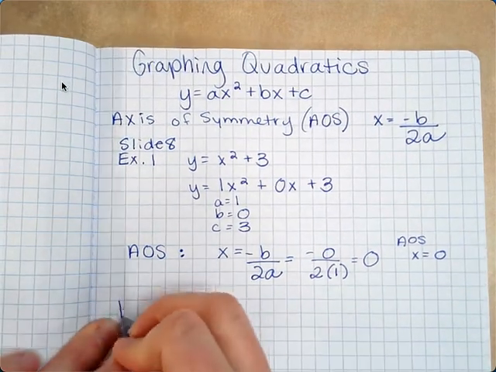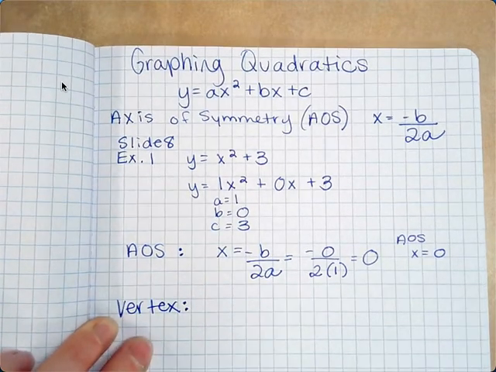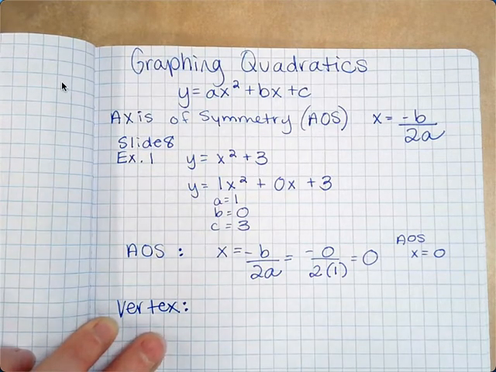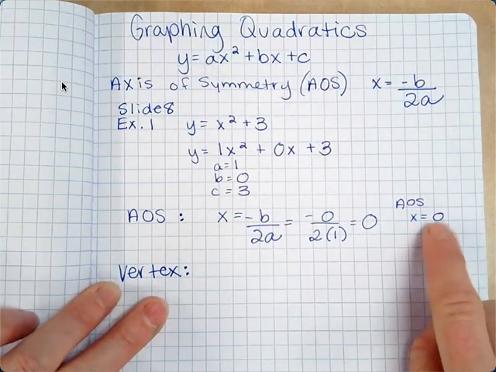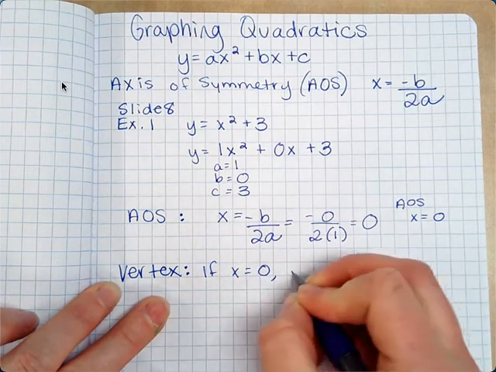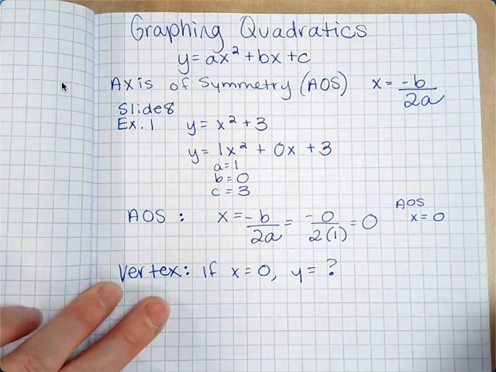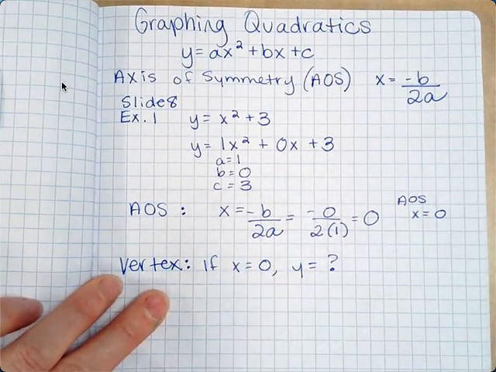Okay, the next one is our vertex that we're going to find. And in our notes, it says, find the vertex by plugging in the axis of symmetry into the quadratic equation. So that means you're going to plug in a 0, because our axis of symmetry is x equals 0, y equals question mark. We're plugging in our axis of symmetry.